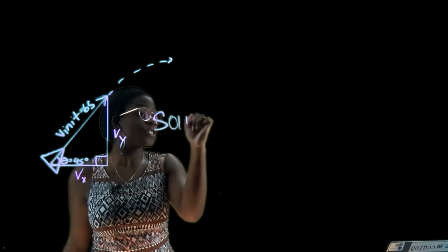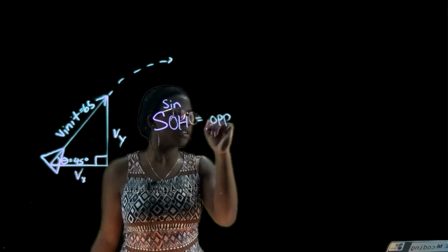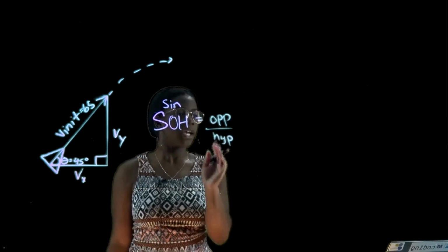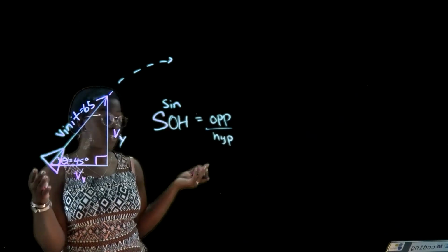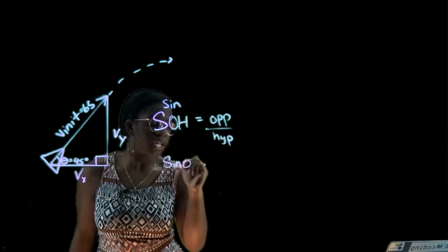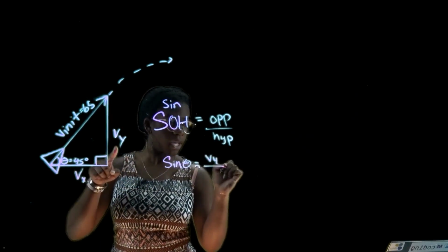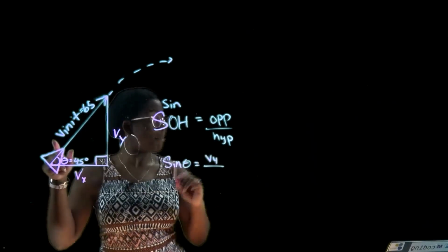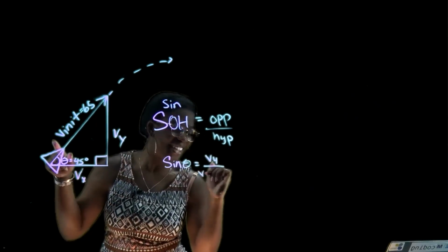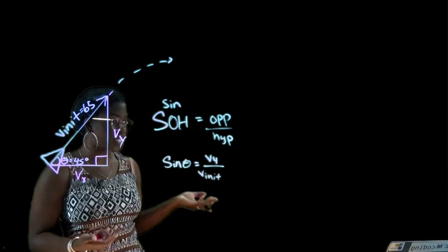So sine is opposite over hypotenuse, in relation to our theta of 45 degrees. So sine of theta equals the opposite, which is the Vy, over the hypotenuse, which is V initial, again our initial speed of 65.